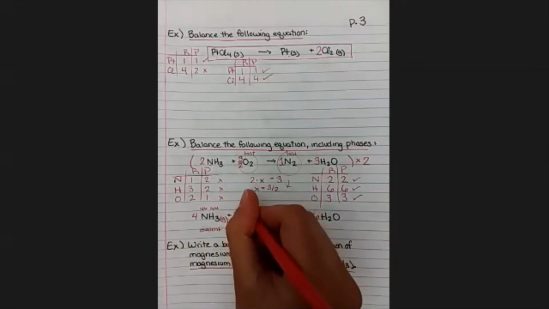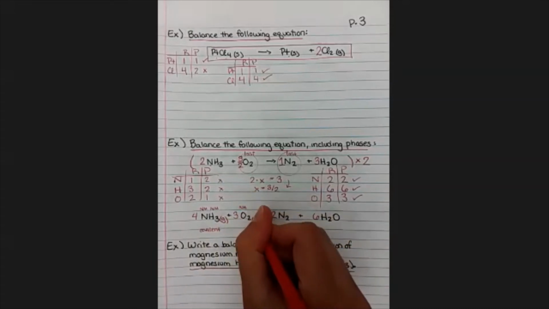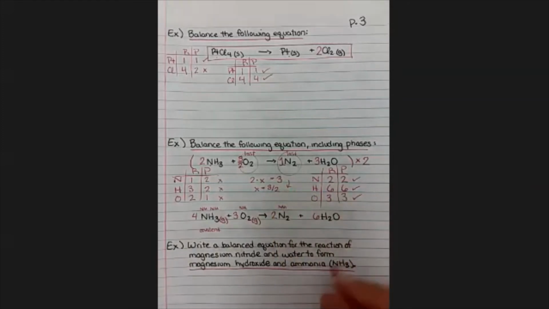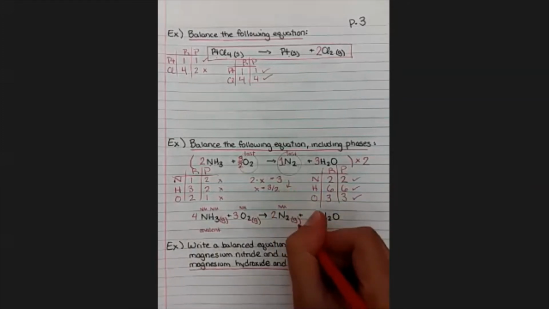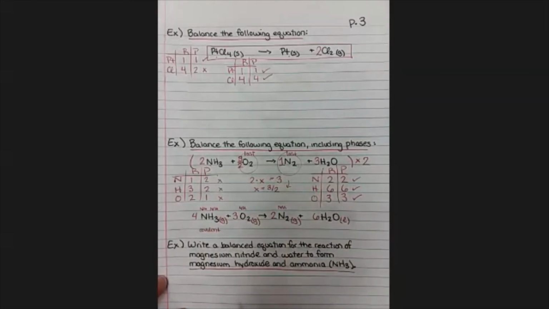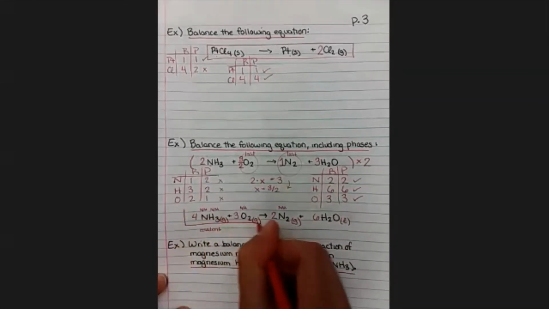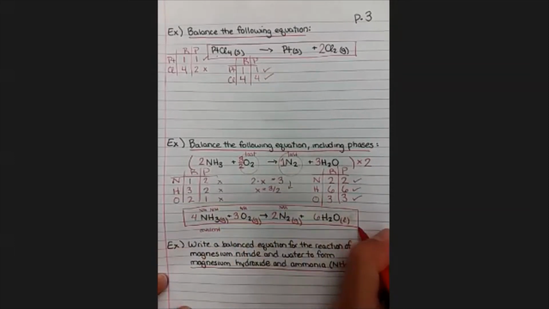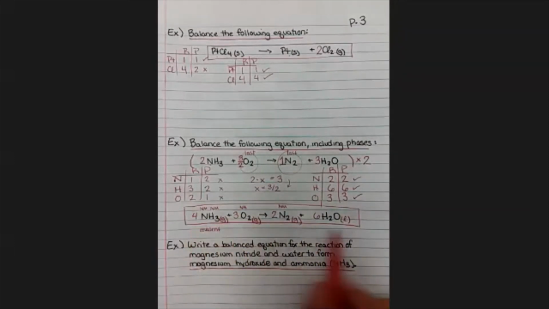Oxygen is a non-metal diatomic, which is a gas. Nitrogen is also a non-metal diatomic, which is a gas. And water usually exists as a liquid, unless it's at a particularly high temperature. So there is our complete balanced reaction, with coefficients and phases.